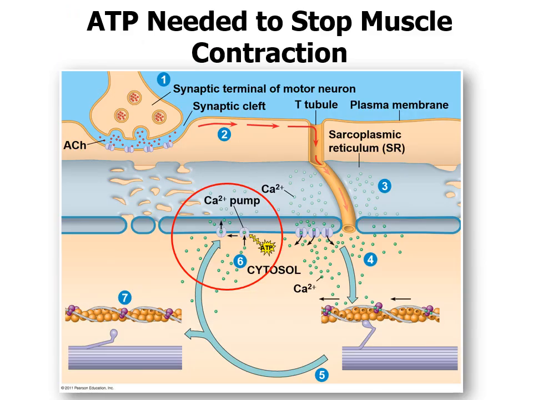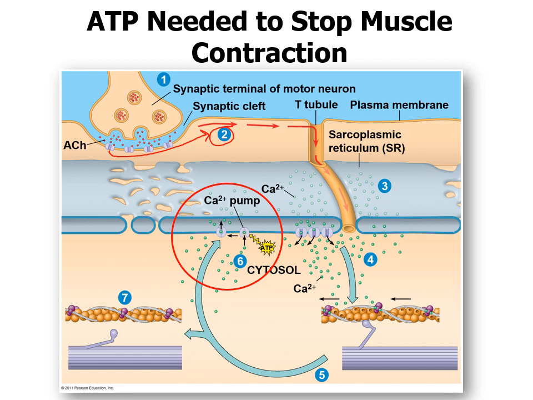So here's the full picture. There's the neuron up at the top, releasing the acetylcholine. Sodium flows through. That's kind of step 2 here. Sodium flows, and it triggers the release of calcium from the sarcoplasmic reticulum.